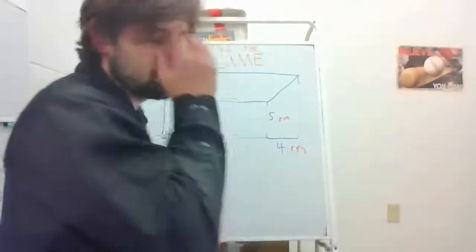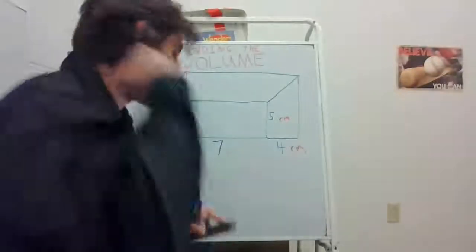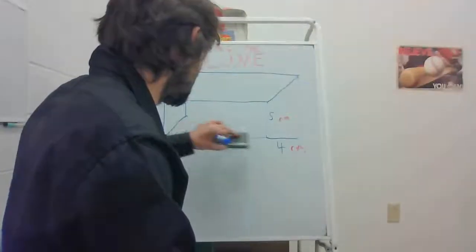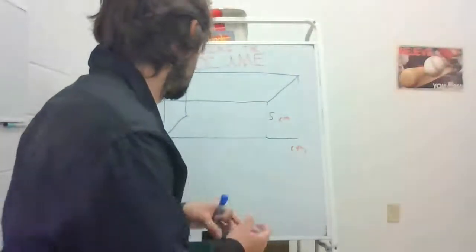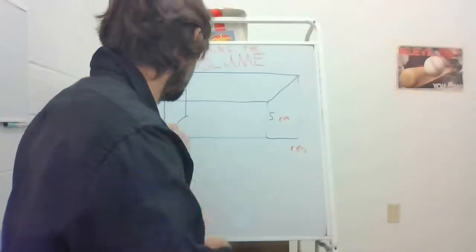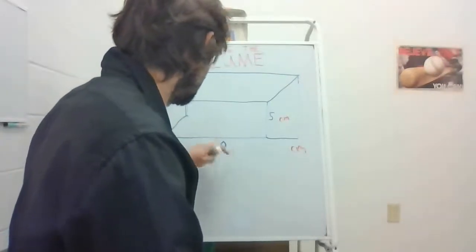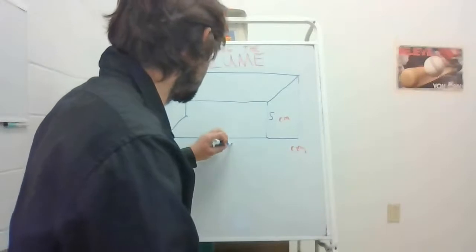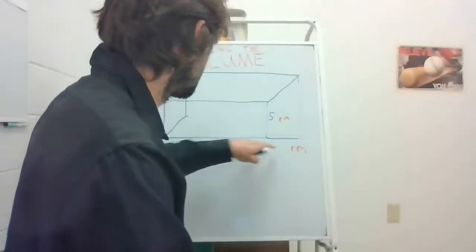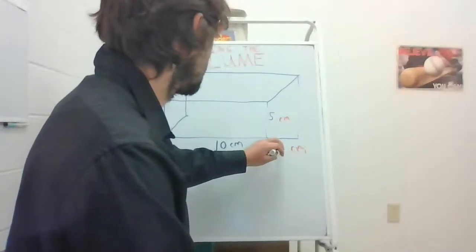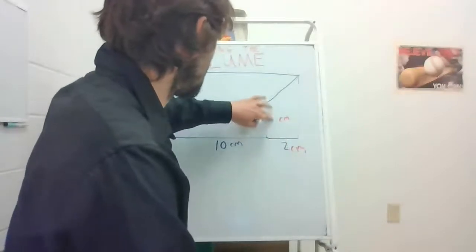So I'll leave the shape up here since I'm not good at drawing shapes, but let's change the numbers. Let's say this is 10 cm. Let's say this is 2 cm, and let's say the height is 4 cm.